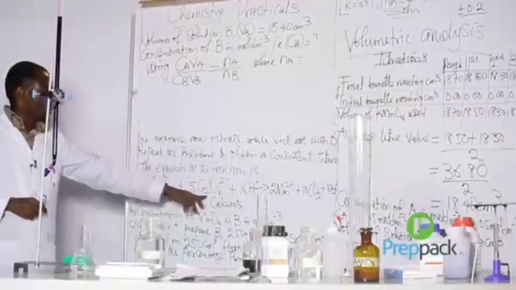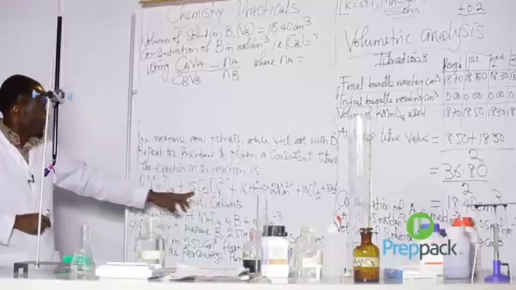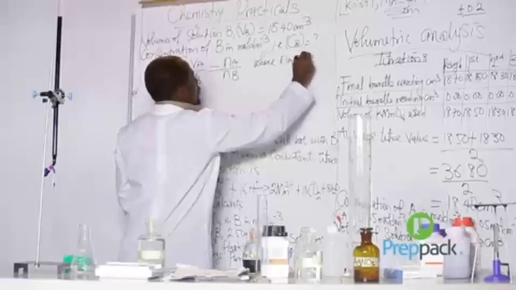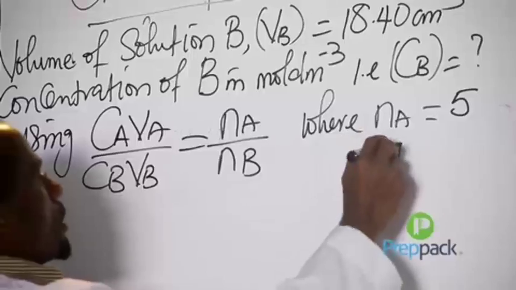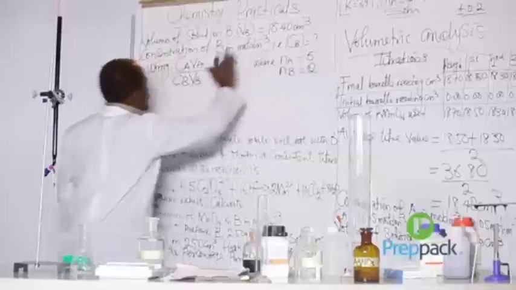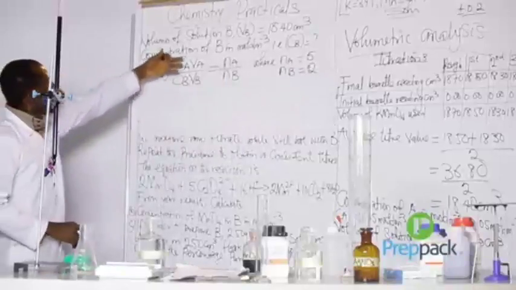This is the acid, oxalic acid, and the mole ratio here is 5. Our NB equal to 2. So we'll fix everything into this. We've known all this.